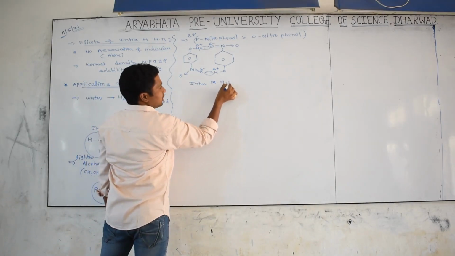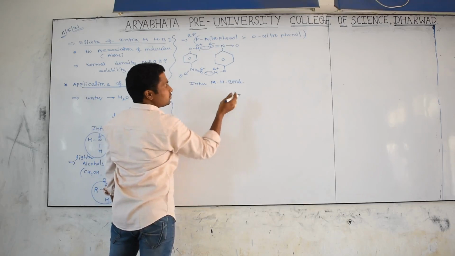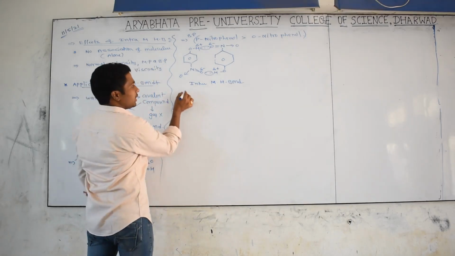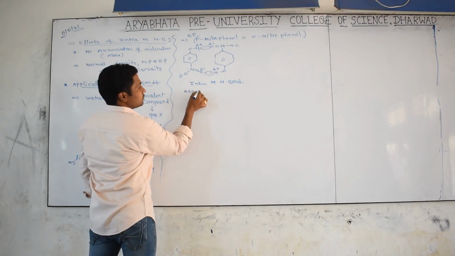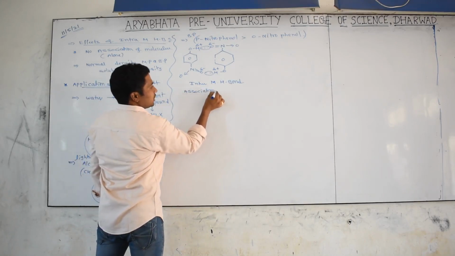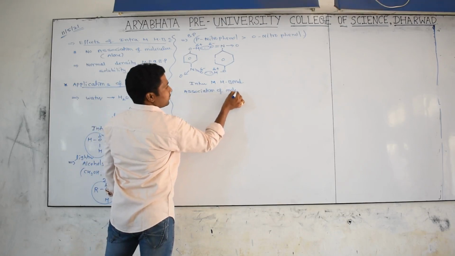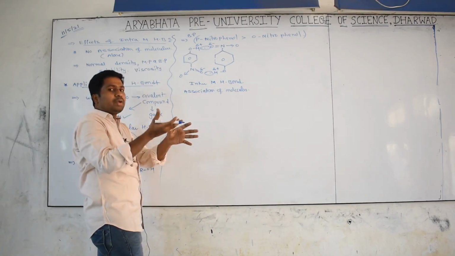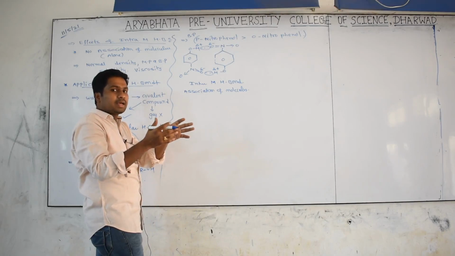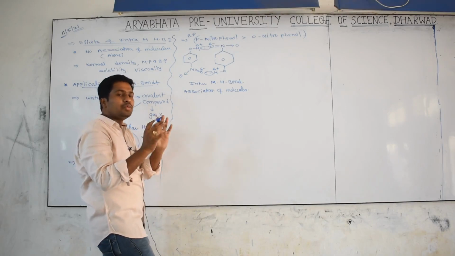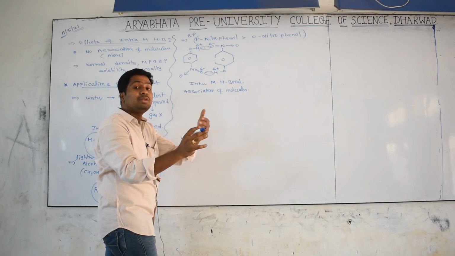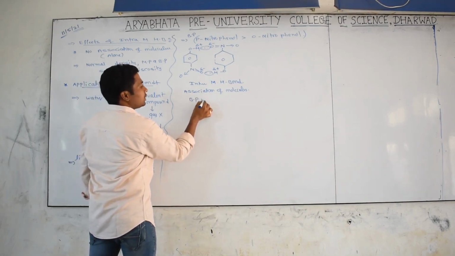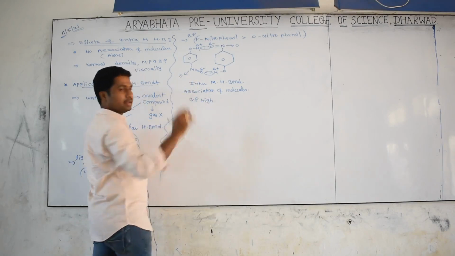Because of this intermolecular hydrogen bonding, what happens? It undergoes association of molecules. Because of association, if you want to evaporate the liquid, does it happen easily? No. Why? If you want to separate the molecules, the required energy will be more. So automatically we can say the boiling point of this one will be high.